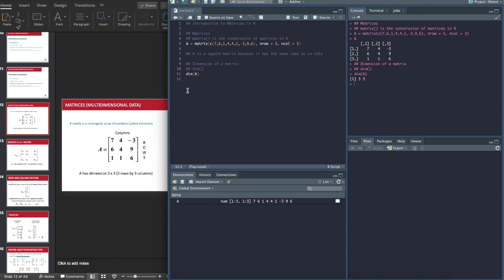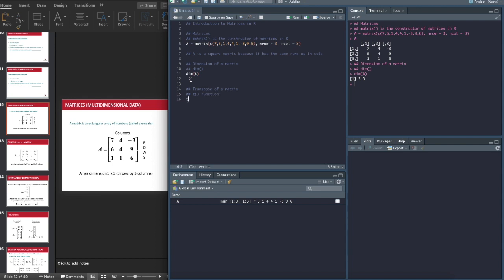Okay, so another concept that we looked at was the transpose of a matrix. So let me just put it here, transpose of a matrix, and we will use the t function to obtain the transpose of a matrix.